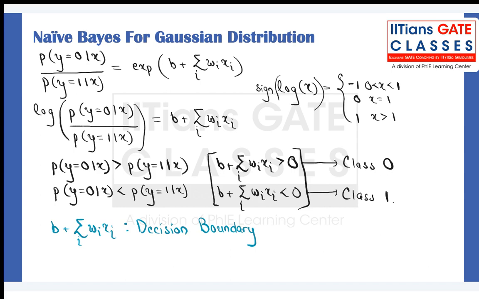Can I say a very important result from this, that naive Bayes is actually a linear classifier? Because if you see the linear nature of this equation, there's nothing quadratic in it, right? Everything is linear, correct? So that is why naive Bayes is also called a linear classifier.